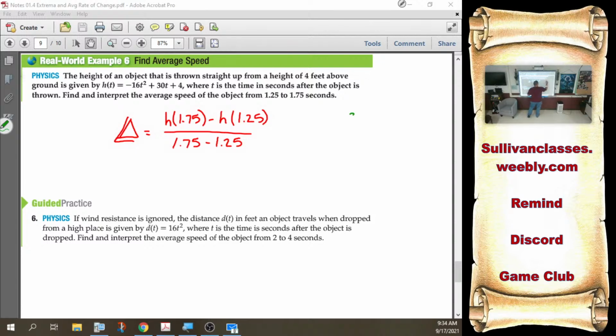It's 33 halves. So that's 7 quarters. It's negative 49.